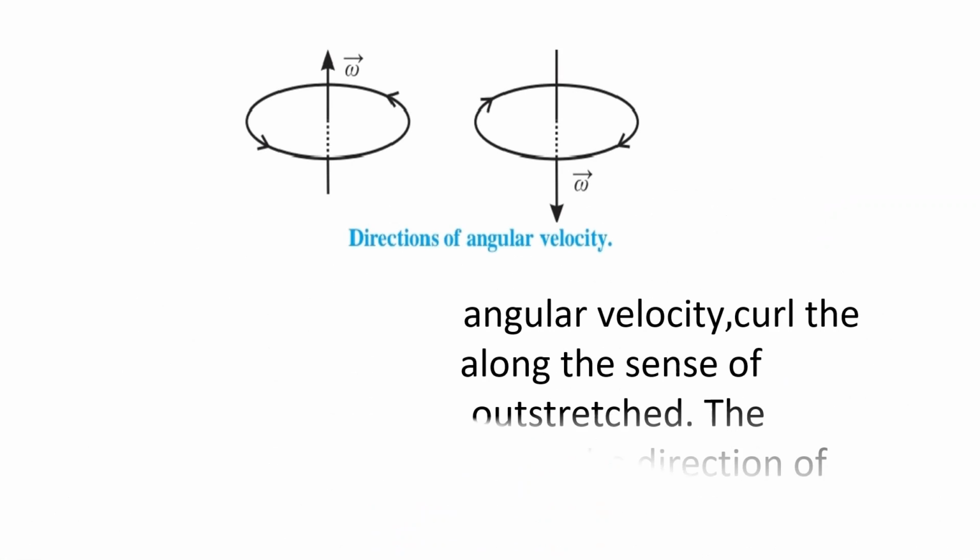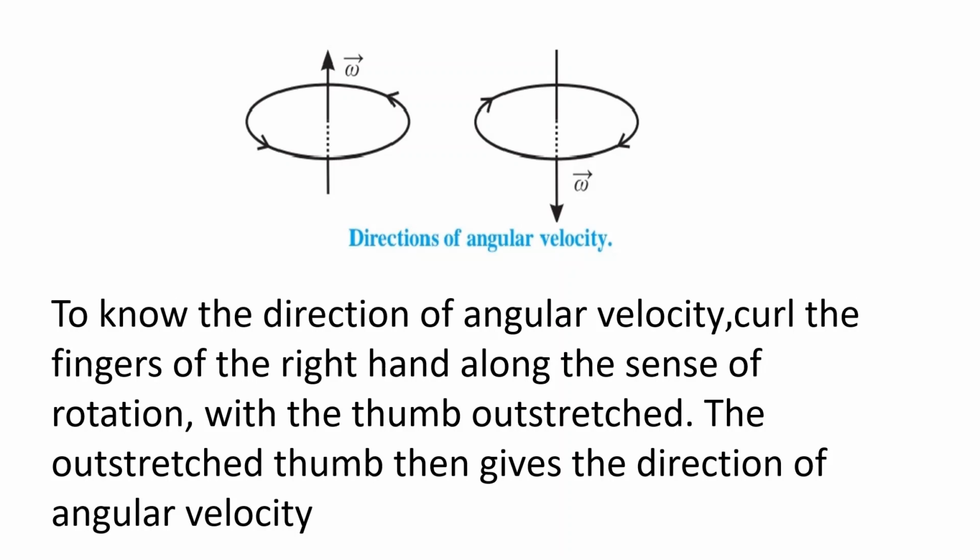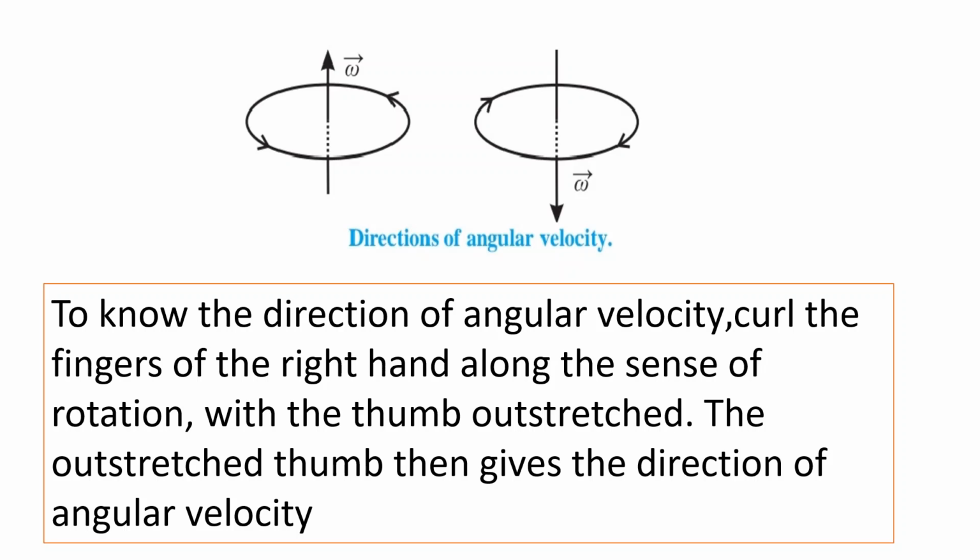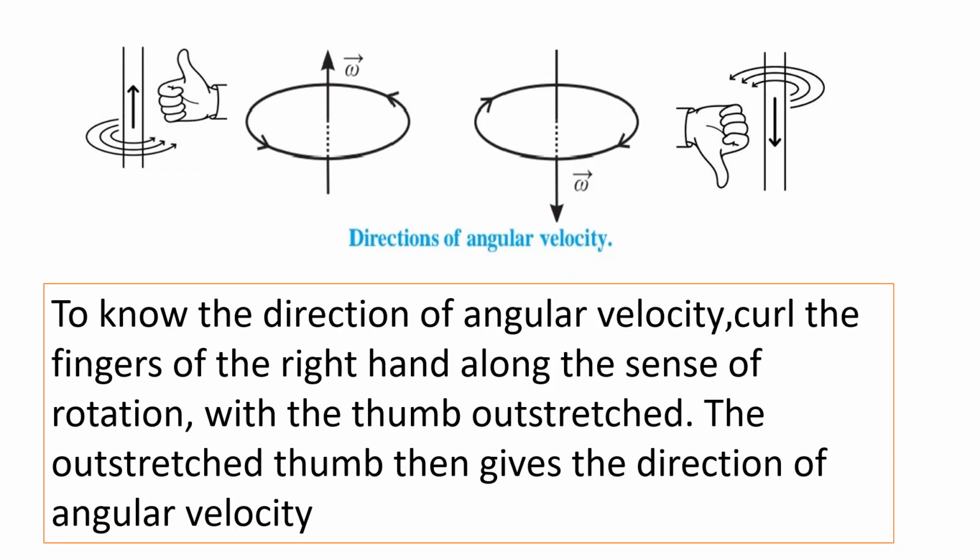To know the direction of angular velocity, curl the fingers of the right hand along the sense of rotation with the thumb outstretched. The outstretched thumb gives the direction of angular velocity. That is, if the particle is performing anticlockwise motion, the curled fingers of the right hand are in the plane of circular motion, then the outstretched thumb is upward.